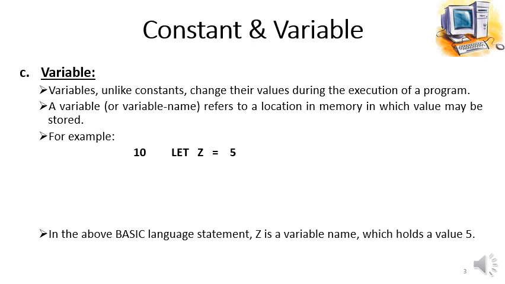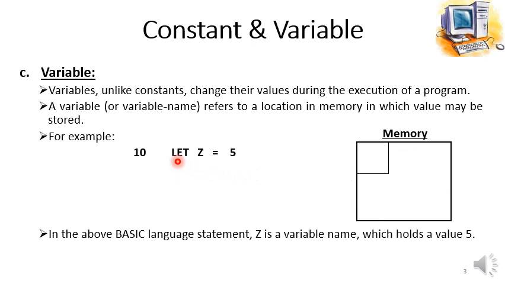Okay, in every computer we have a memory. Here this square box represents a memory. For example, this is our computer's memory. Whenever this statement is executed, what will happen inside the memory? That is the point to understand.